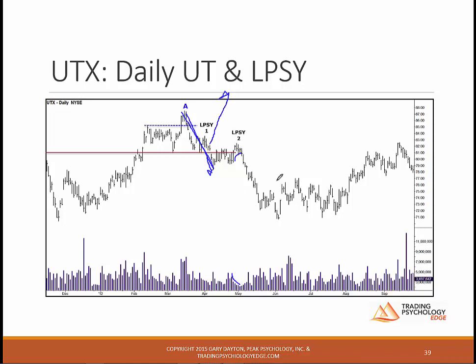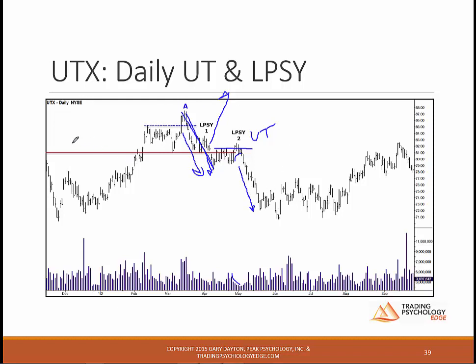It gets smaller up there. That's not good. Effort versus result. There's no effort behind the move up. So we're not going to get a result. And we also have an upthrust in here. And when we have an upthrust, we expect, just like we got here, a larger sign of weakness to unfold.